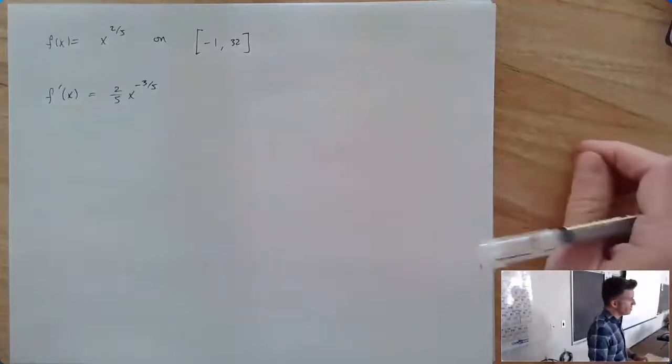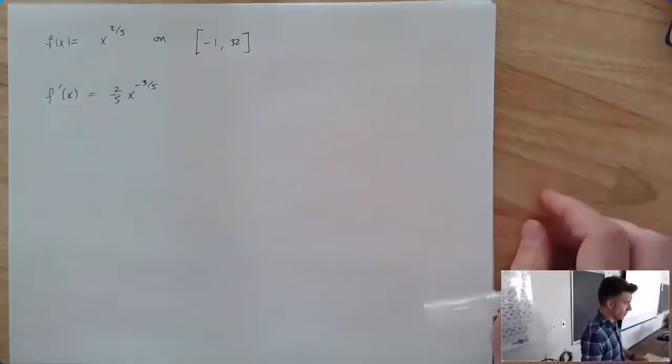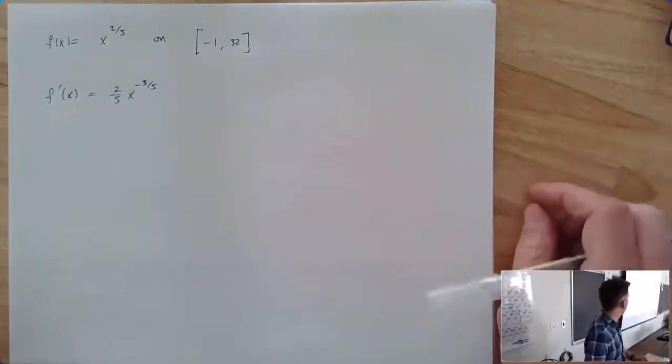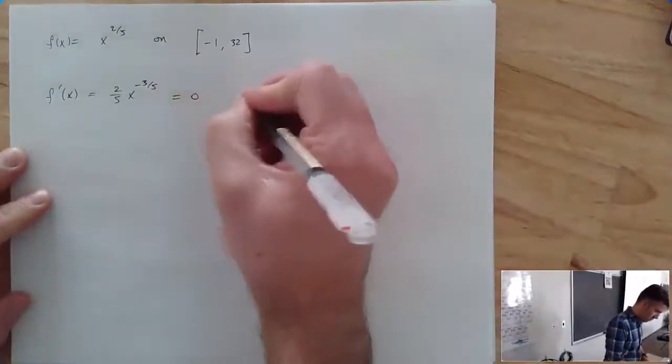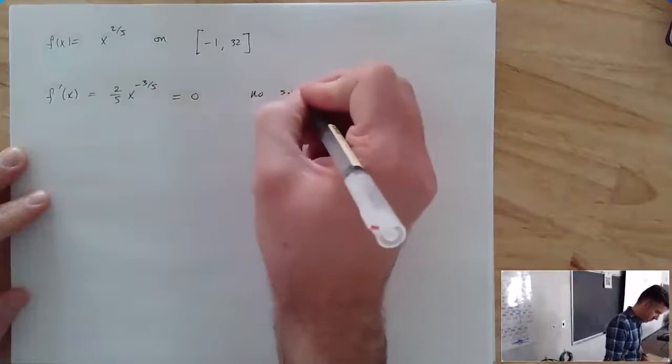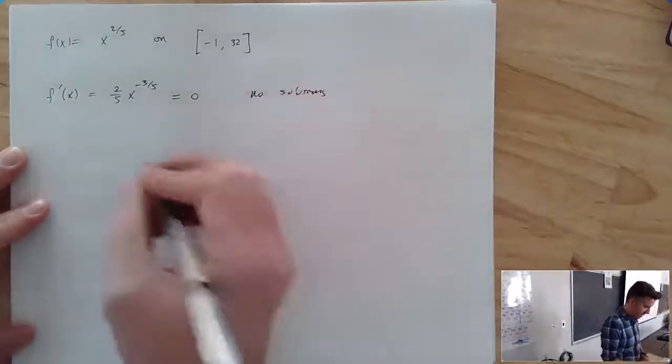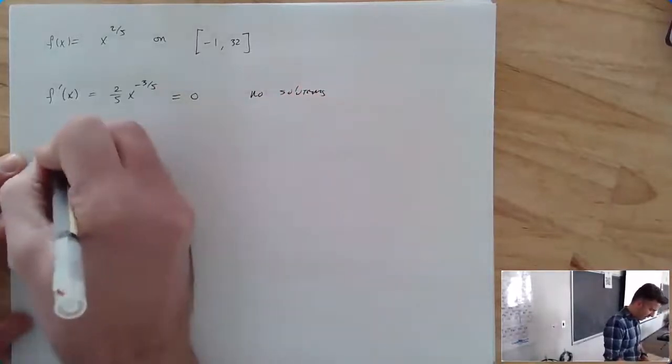And if I set that equal to 0, I actually don't get any solutions. There's no value of x that makes the thing equal to 0. So if I set this equal to 0, no solutions. If I instead say, well, where is this undefined?